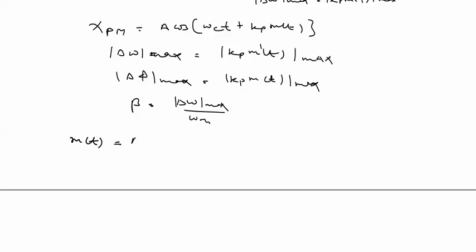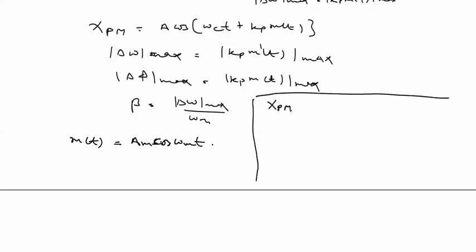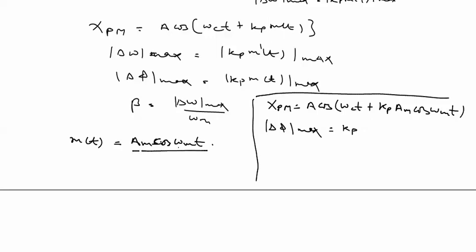Now we again calculate the PM waveform. If a single tone is our input, then all the parameters are revised and I directly write all the expressions. x_PM is A cos(omega c t plus kp Am cos omega m t). First, maximum phase deviation is kp m(t), and the maximum value of m(t) is Am.